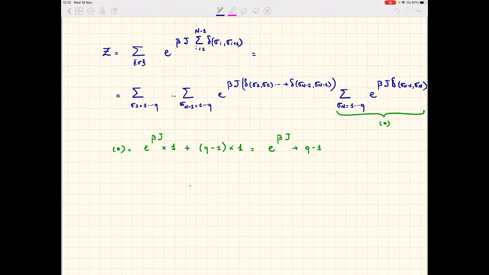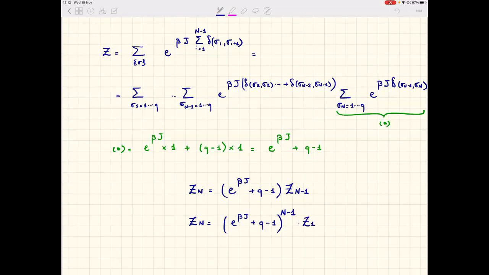So therefore, I discover in this case that Zn is equal to e to the beta J plus q minus 1 times Zn minus 1. And now I iterate this recursion relation, and I will obtain that Zn is equal to (e to the beta J plus q minus 1) to the power n minus 1 times Z1, as before.